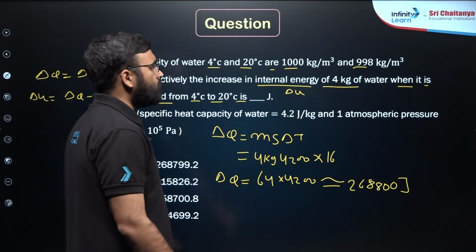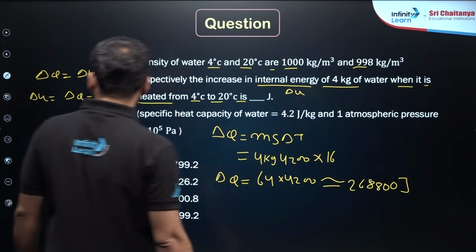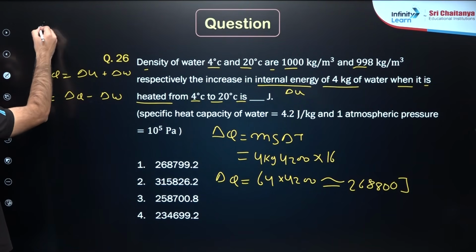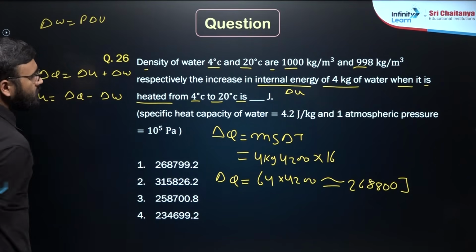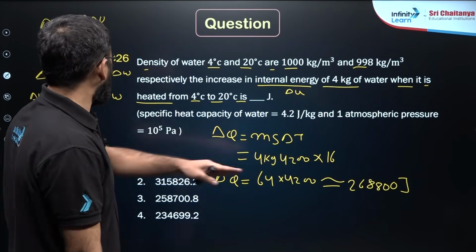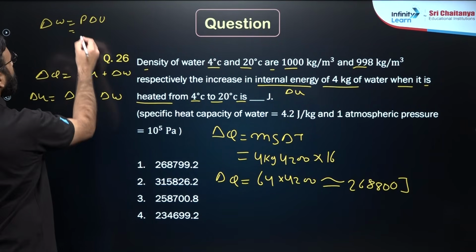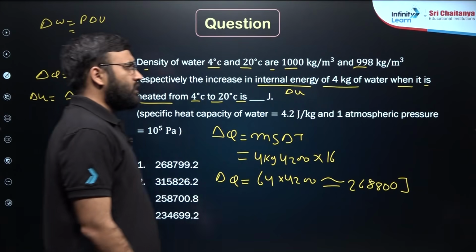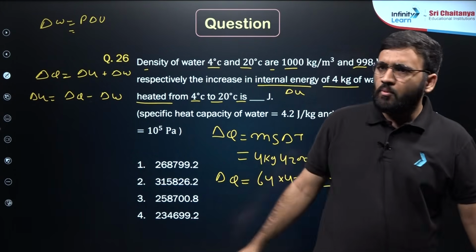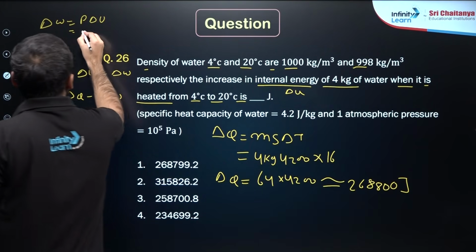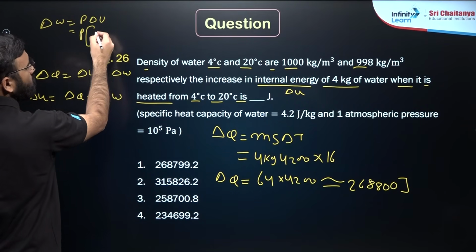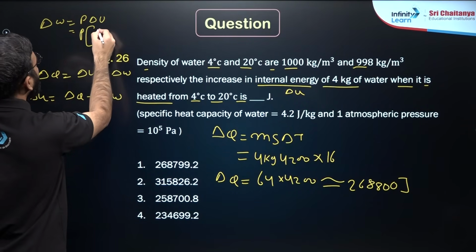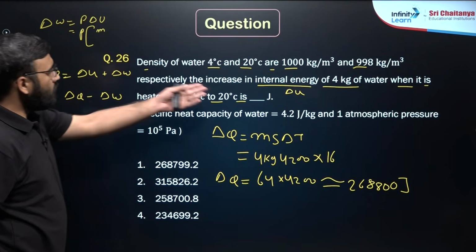Delta W equals P delta V. So here I am writing P delta V. Pressure is also given, 1 atmospheric pressure, 10 to the power 5. Delta V is the change in volume, and volume equals mass upon density. So P into V2 minus V1. The mass is the same, only 4 kilograms.